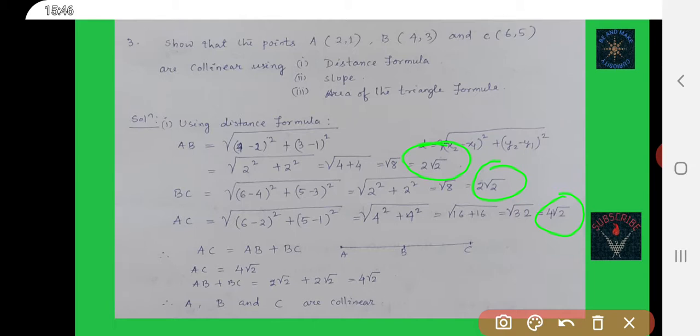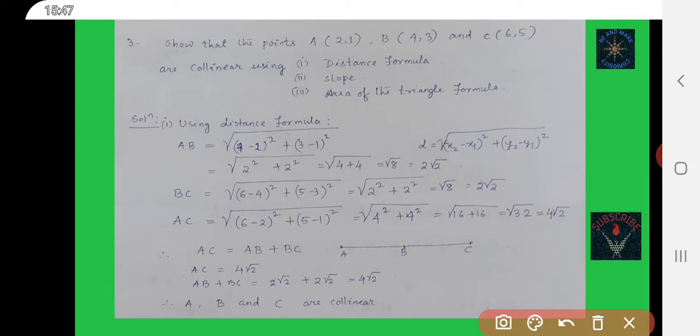Which one is the greatest? This one. Then we add the two smaller ones. If by adding these two you get the greatest value, then we can say yes, A, B, C are collinear.